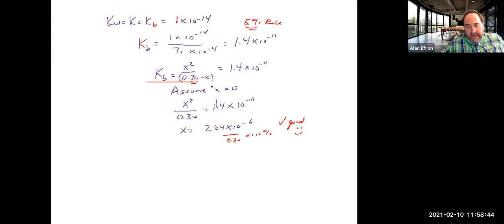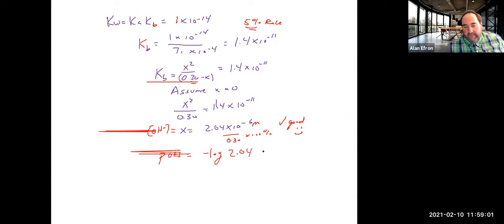So this is actually our OH minus concentration. So that will get us our pOH of our 2.04 times 10 to the minus 6.